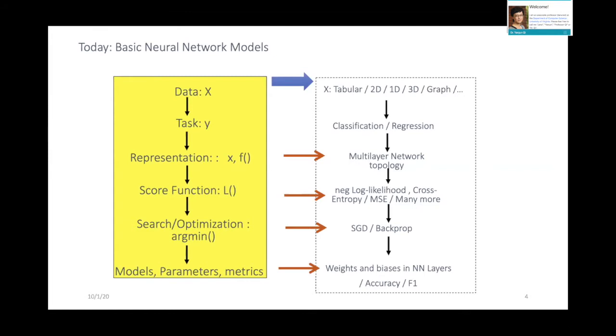What we're going to cover today is very basic. We will only touch the multi-layer type of network topology, and again the cross entropy based loss function for the prediction tasks. We will also cover a little bit more about the specialized version in the neural network family.